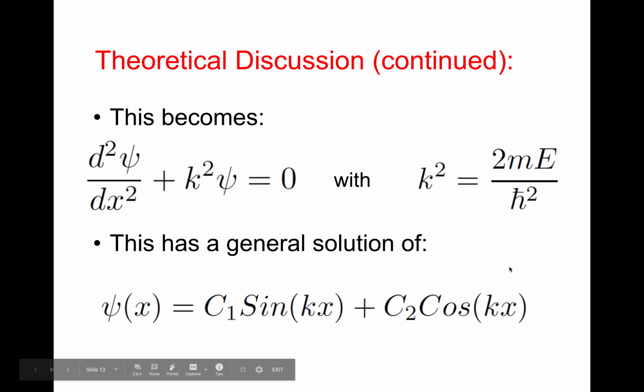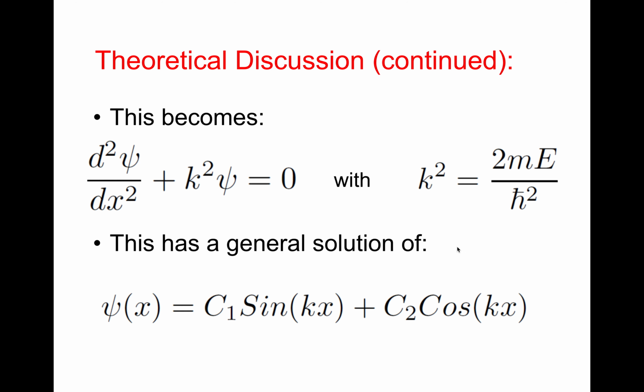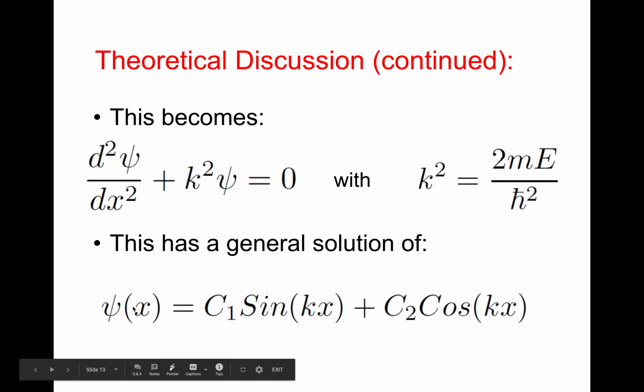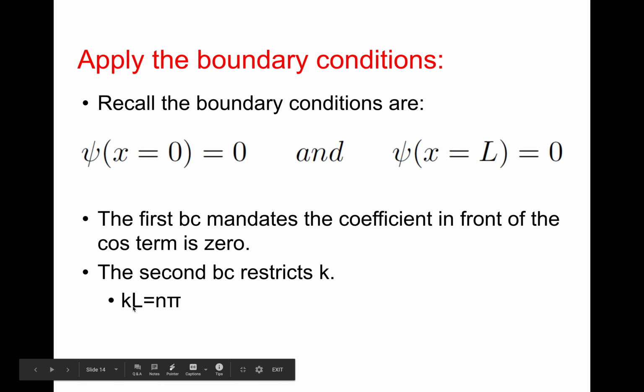So this is an appropriate general solution. However, this won't be the solution to our system because we have to apply the boundary conditions. Remember, our boundary conditions are that the wave function goes to 0 at the left and right endpoints, psi of 0 and psi of L.